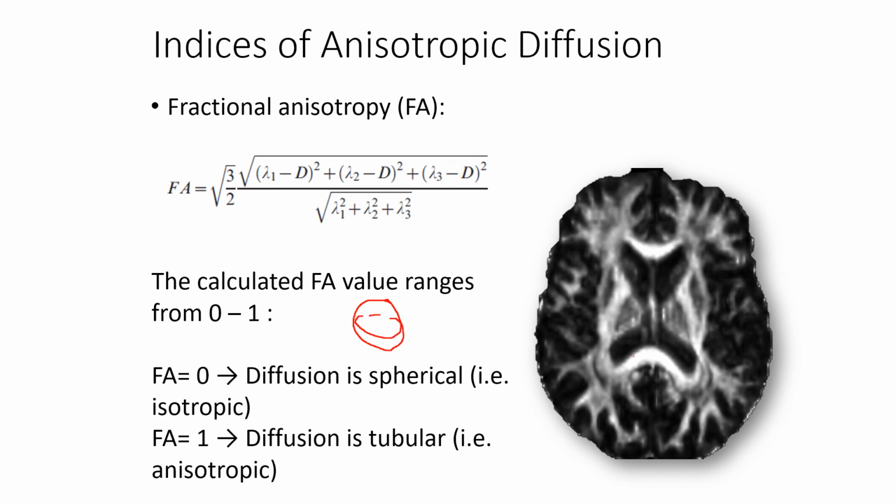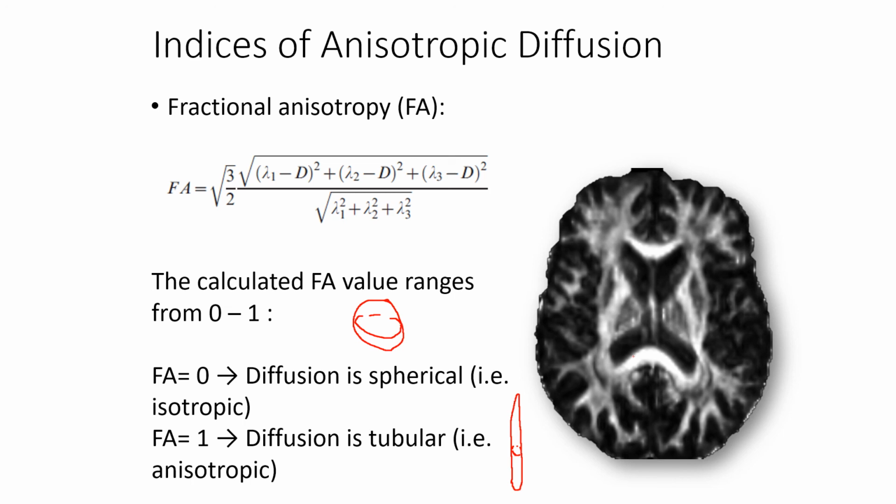Values that are close to 1 are going to be more tubular. They're going to be more shaped like a pencil. So this doesn't tell us where it's going, what direction it's facing. It's just, is the water displacement directional? Is the shape more like a cigar or more like a sphere?